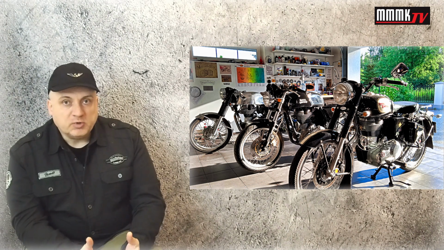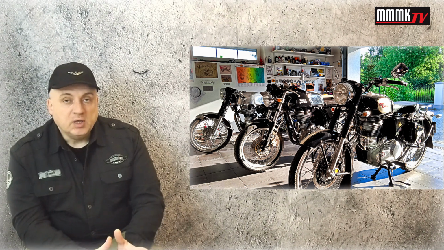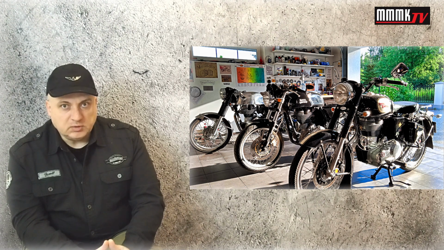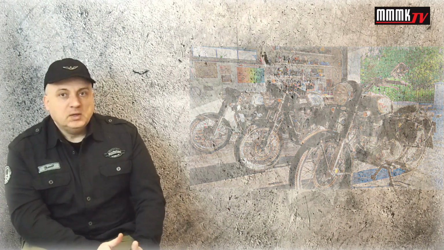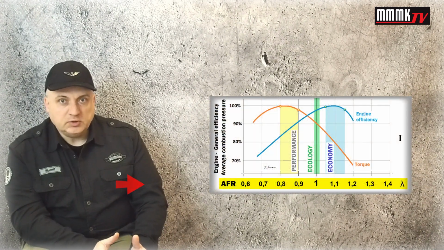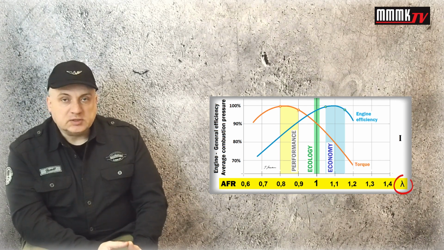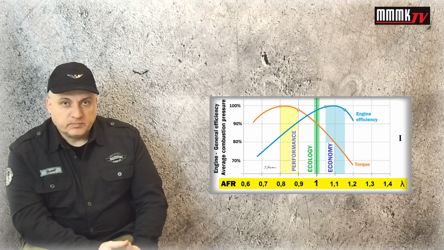What is the primary function of the O2 sensor in the injection system? I know for sure that this is not obvious to everyone. The key factor today will be the air-fuel ratio, sometimes called the lambda coefficient.